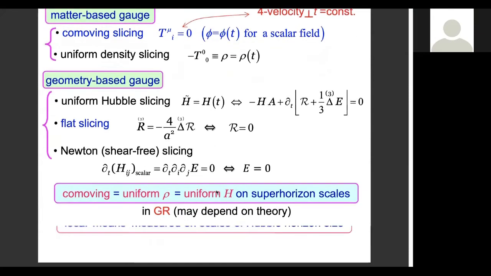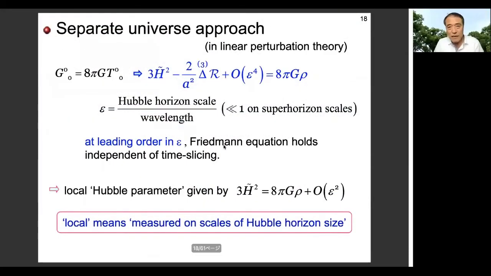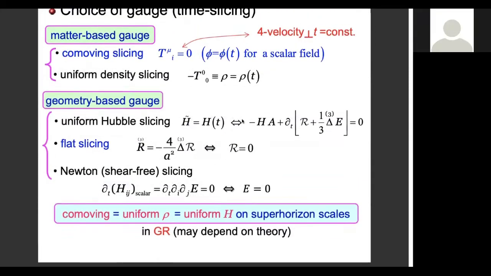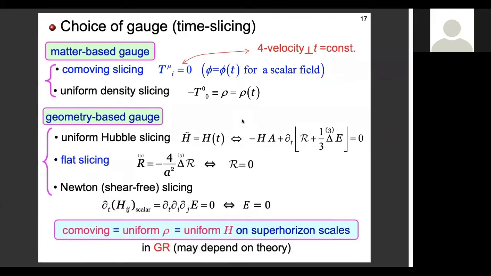Okay. Excuse me, may I ask a question? Sure. To better understand this gauge, let me make sure of one thing, because the matter sector and the geometry sector are connected with each other through the Einstein equation. Is there any special relation between those two ways to fix the gauge in the matter sector and geometry sector?